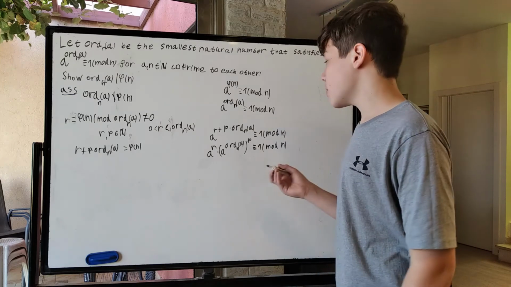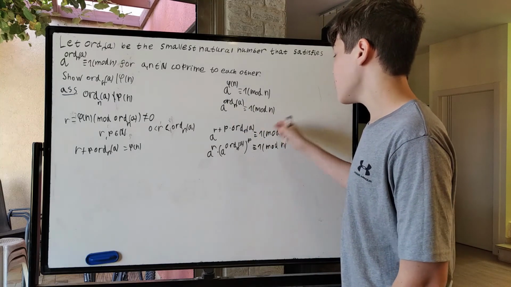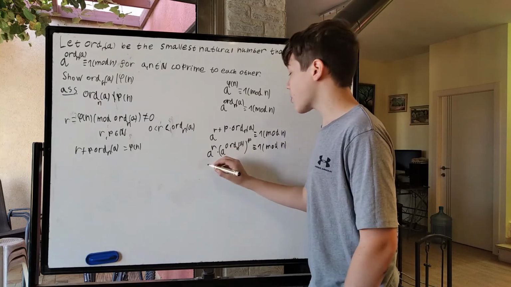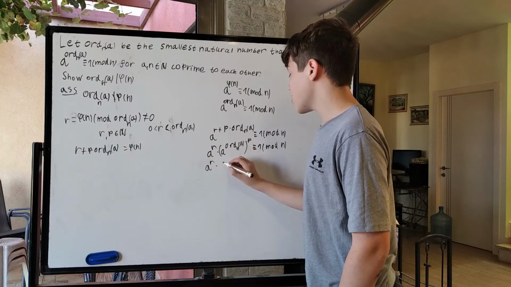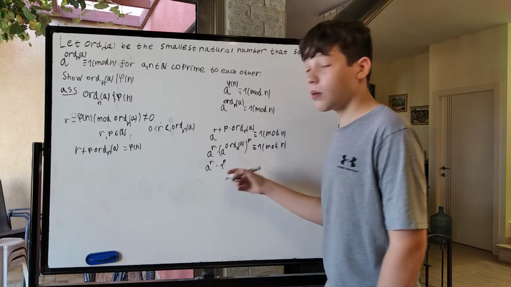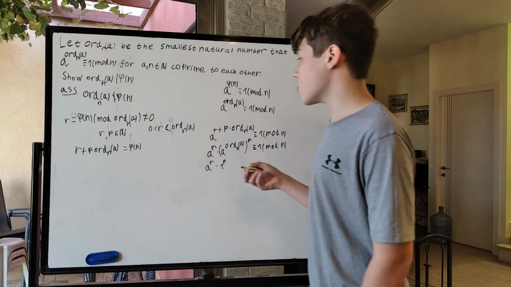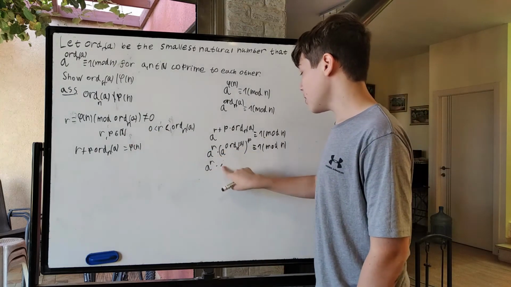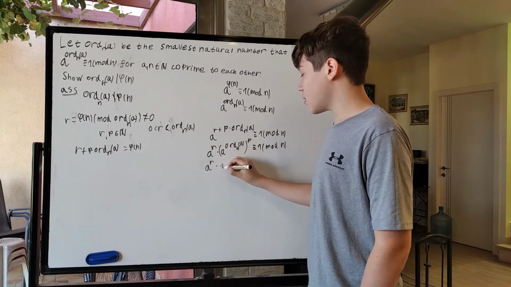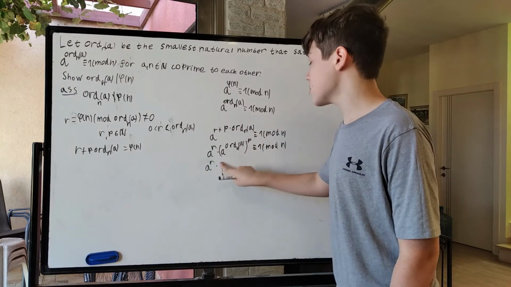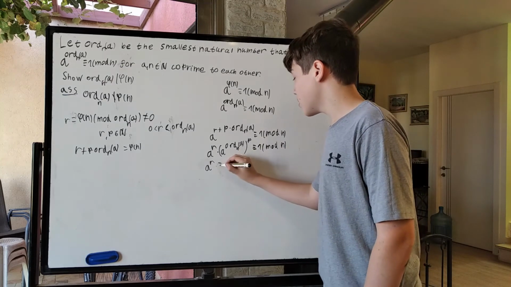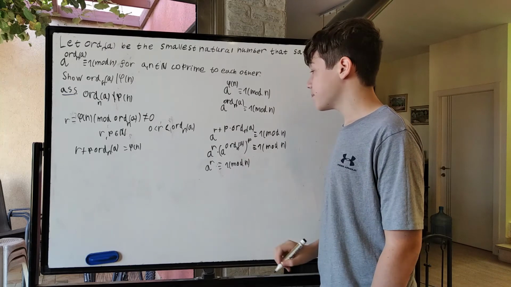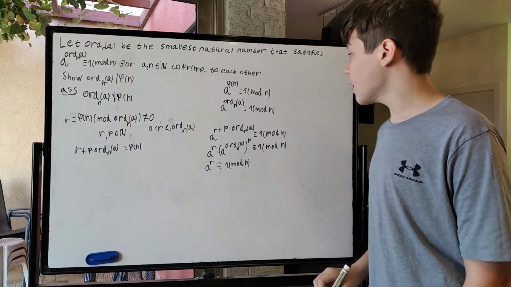So that's a to the r times 1 to the p, but 1 to the power of any natural number is equal to 1, and 1 is neutral to products, so this is just a to the r is congruent to 1 mod n. And we got our contradiction.